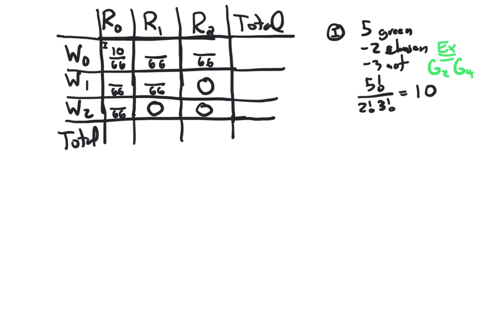Okay. Let's do one more. Let's do this one here where we draw 1 red and 0 white. Let's see if we can work this one out. We'll call this 2. So here we have 2 things going on. We have 0 whites and 1 red.